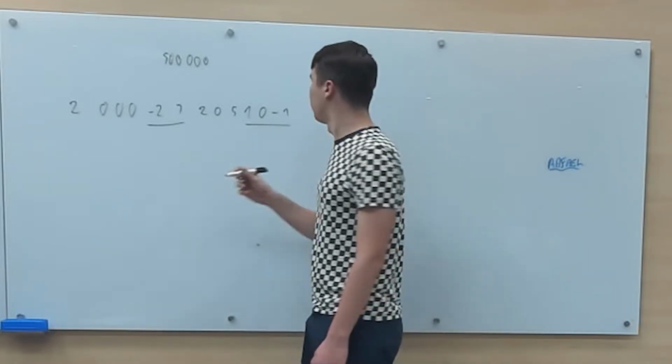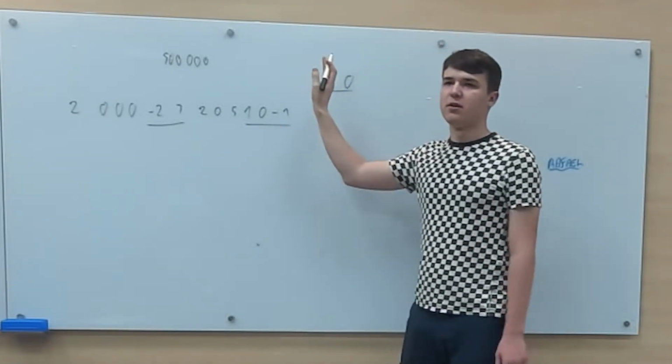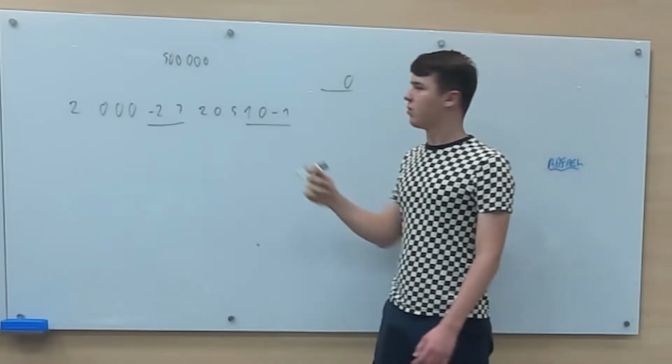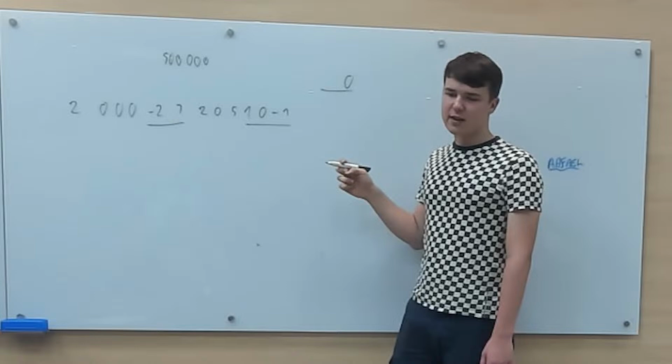Because if 0 is here, we can just make the interval shorter, and the other way too. Okay, so we're going to do the dynamic programming.